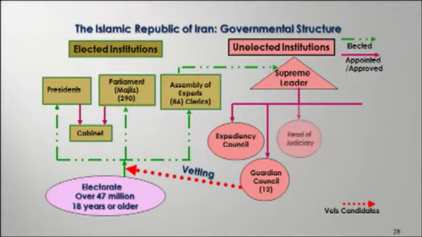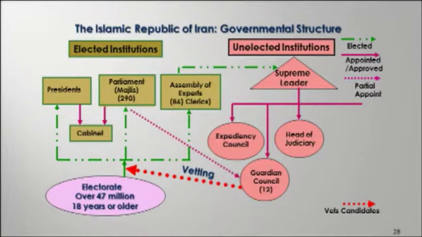And as we mentioned, the head of the judiciary is also chosen by the leader. And the line here talks about the partial appointment, and you can see that in terms of partial appointment, the parliament has partial appointment powers over 6 of the 12 members in the Guardian Council nominated by the head of the judiciary. The parliament has to approve those.